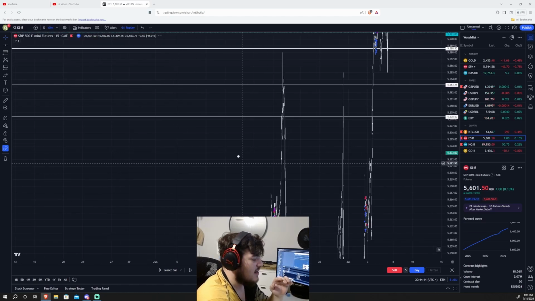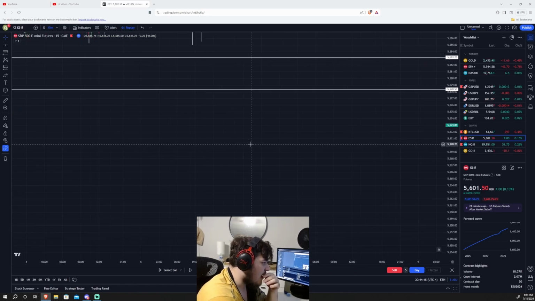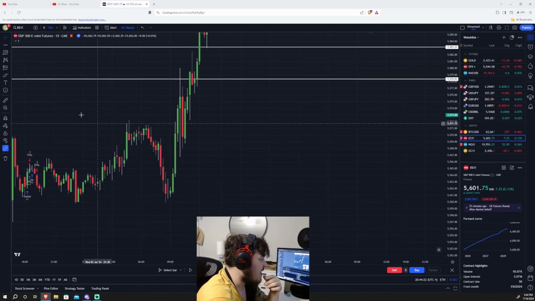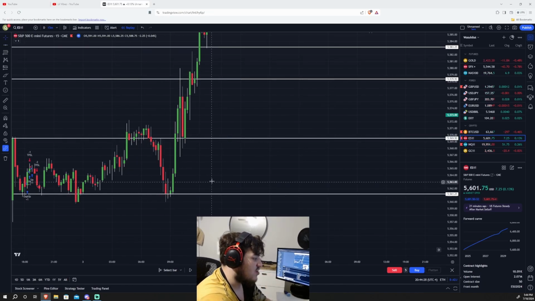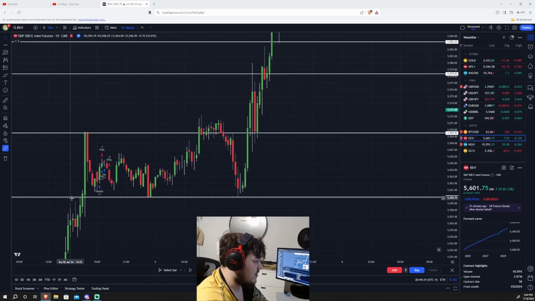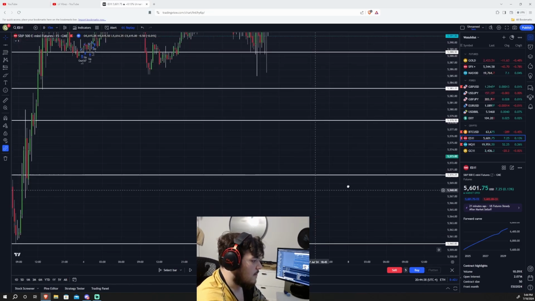We could go 15 minutes from where? Where's the point of liquidity that it wants to target, right? It could target all of these right here, this sell side liquidity. It could target this sell side liquidity right here. It could target all these equal highs right here, which is liquidity, and liquidity right here, right? So boom right there with sell side liquidity. So that's probably the best form, right?